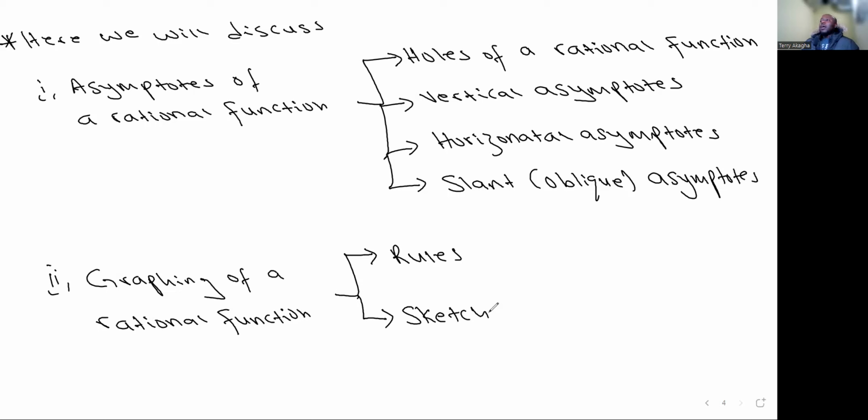So when you have a ratio of 2 polynomials and you are told to sketch it, how do you go about it? That will be that for that.